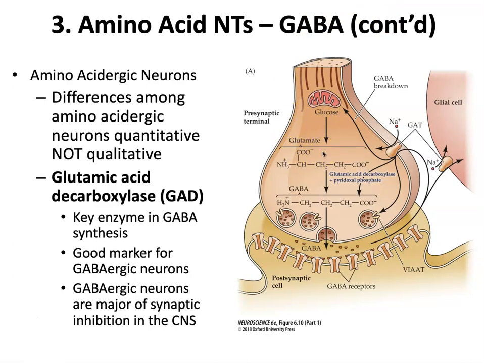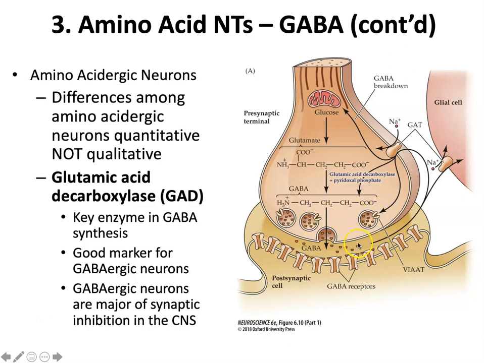Glutamate then will be converted to GABA utilizing the enzyme glutamic acid decarboxylase. And so you have glutamic acid decarboxylase in any of the neurons that will be utilizing GABA as one of its major neurotransmitters. And so GABA then will be transported into the vesicles at the axon terminus and then released at the synapse.